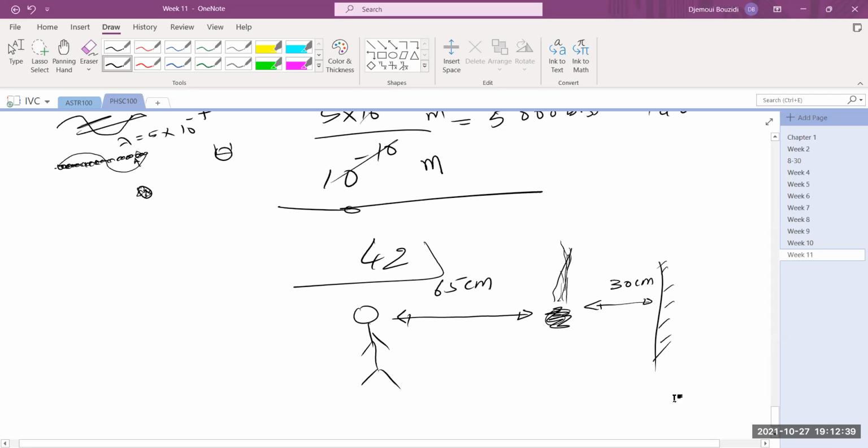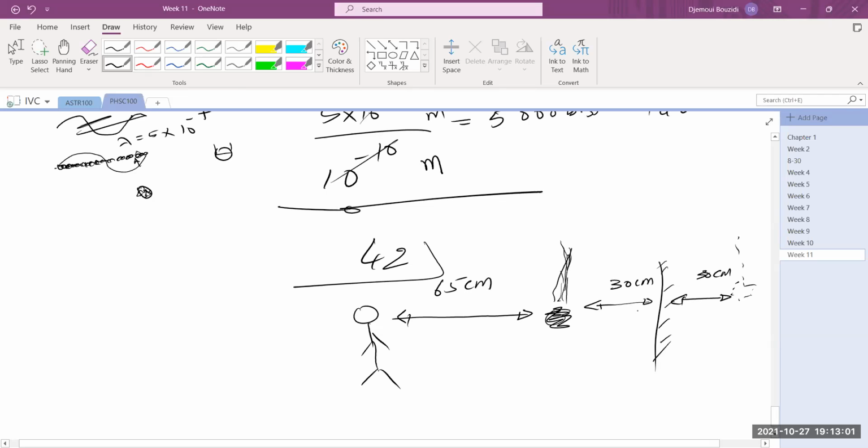The question is, show that the distance between your eye and the image is 125 centimeters, or 1 meter and 25 centimeters. So here is where the image is going to form. It's going to form 30 centimeters away. So this is what the spider would look like from the mirror.